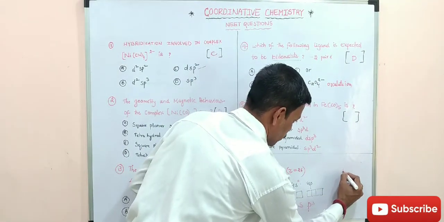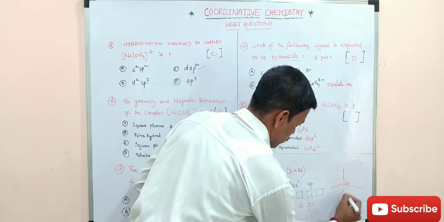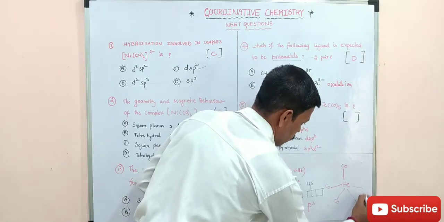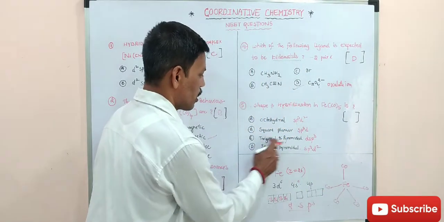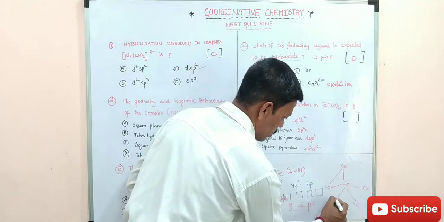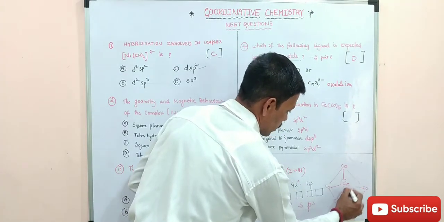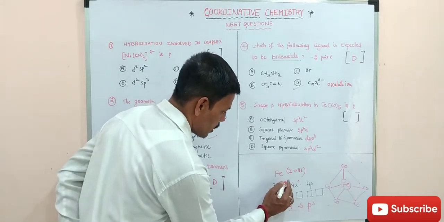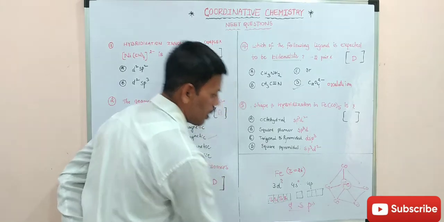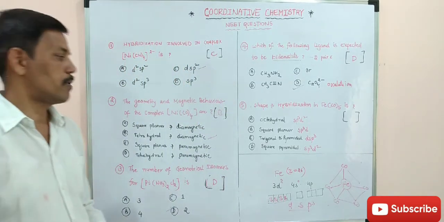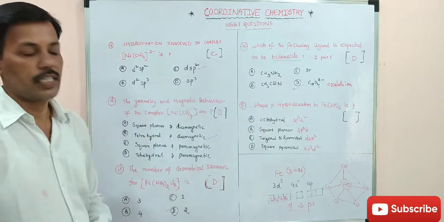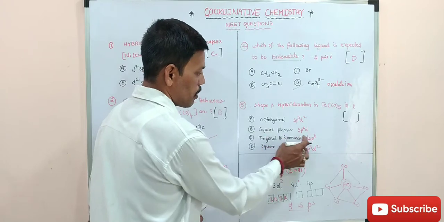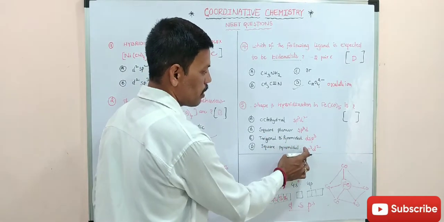If we discuss the structure, here the structure is iron attached with five carbonyls. So the structure is trigonal bipyramidal, and the hybridization is dsp3. Now identify the options: octahedral sp3d2, square planar sp3d, trigonal bipyramidal dsp3, and square pyramidal sp3d2.